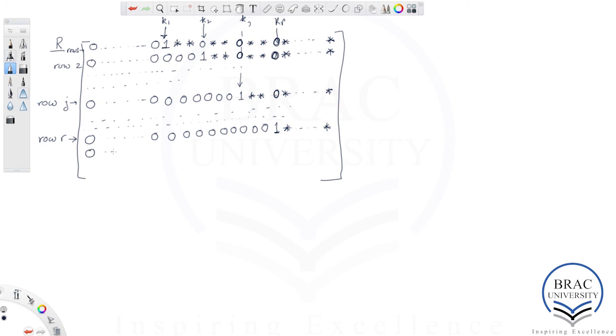These are zero rows gathered at the bottom of the matrix. Good. This is how the row reduced echelon matrix looks.